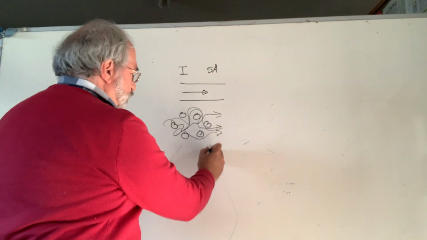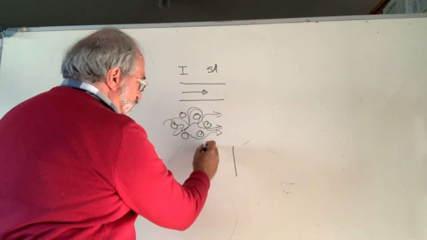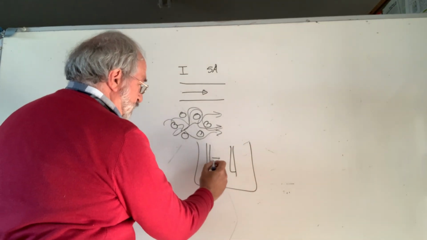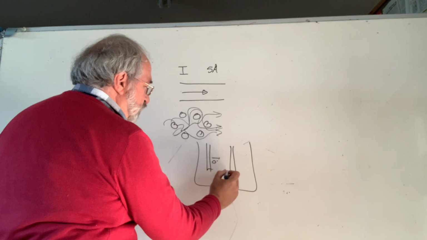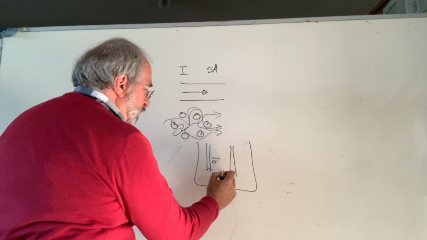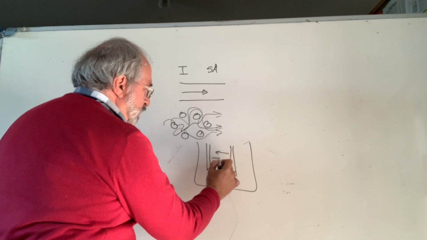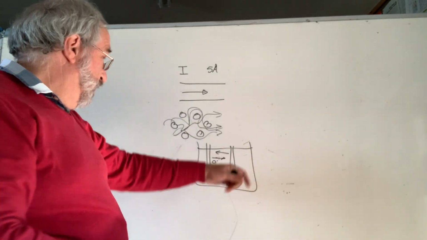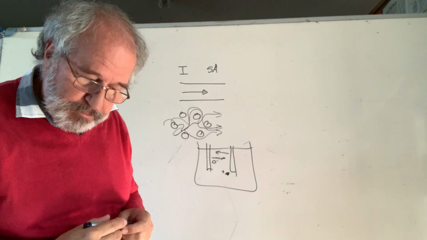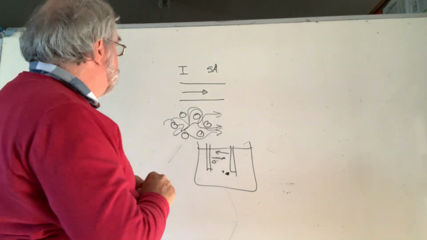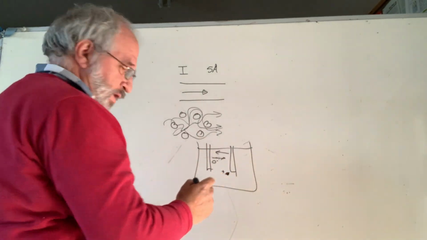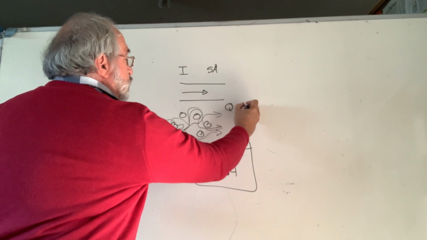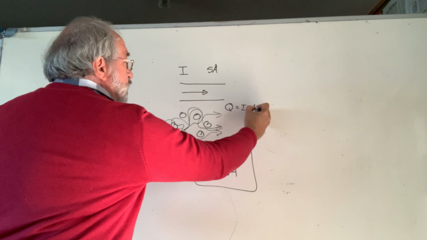In 'n vloeistof vloei die ione tussen die pole. Daar's gelaaide ione wat so vloei en tussen die elektrodes beweeg. Maar in geheel vloei die stroom dan so deur. Nou as 1 ampère vir 1 sekonde vloei, die formule wat ons gebruik is Q is gelyk aan I delta t.